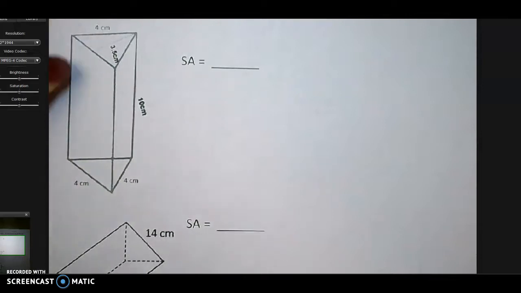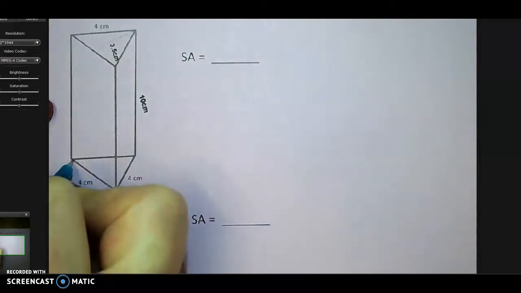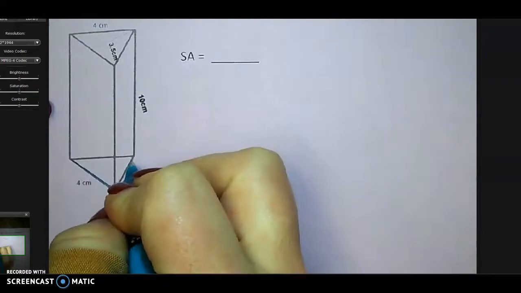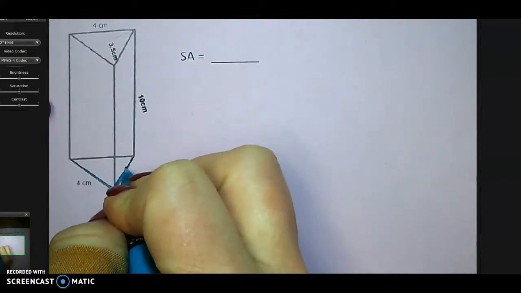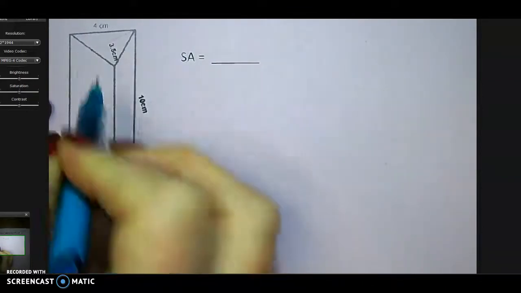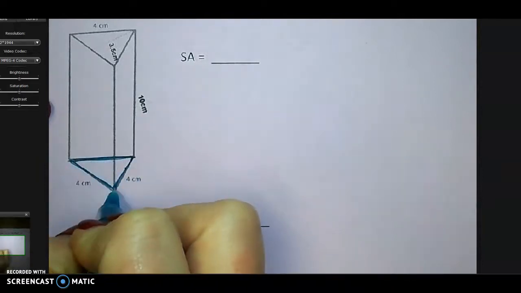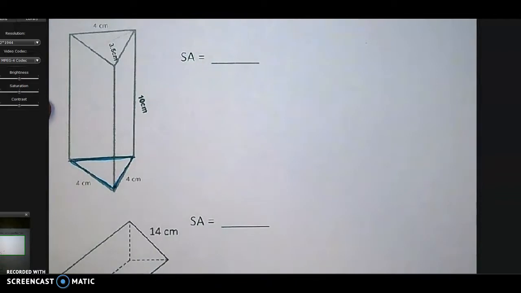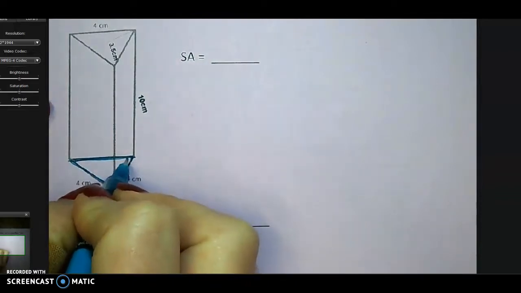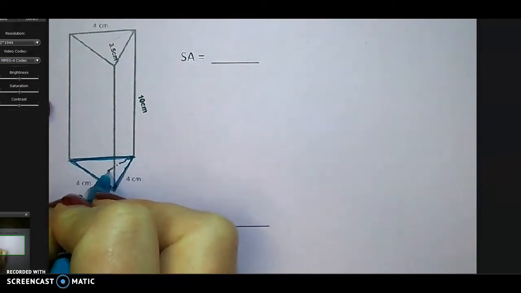This looks different because for finding the area of a triangle, I need to find the height. So if I look down here, I've got that this is 4 and that this is 4. And we can see from up there that this is 4, meaning that this is an equilateral triangle. But in order to be able to find the area of that triangle, I would actually need that height, where we have that line.